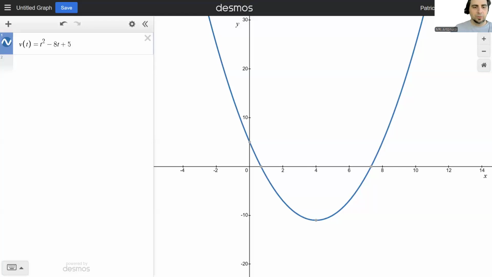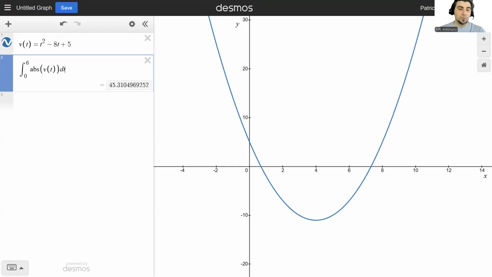Okay, so we're back in Desmos, and I've entered the function to get the total distance traveled. We do int from 0 to 6, absolute value symbol, or you could type ABS and then parentheses v of t, and then dt, and you would get 45.310.